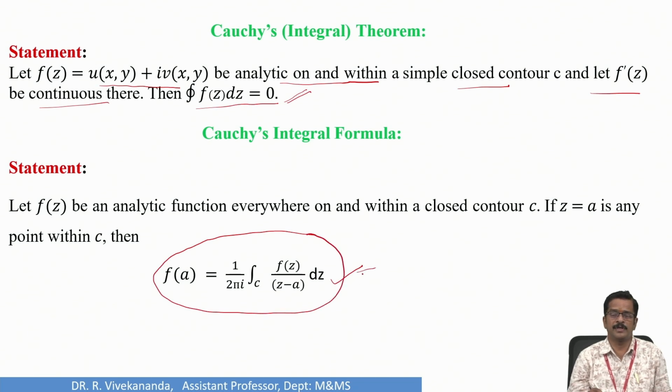If there is only one singular point, then the integration over C of f of z by z minus a dz equals 2 pi i into f of a. This is the way of finding the integration of a function where the singular point exists in the curve C. This is Cauchy's integral formula.